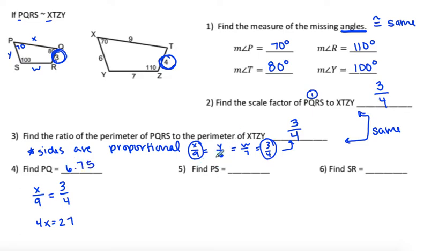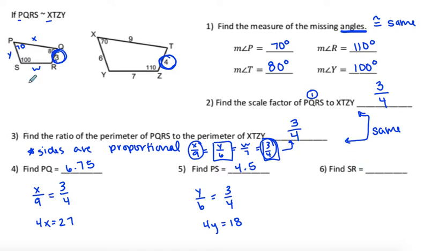On find P to S, okay, that's my y. So y goes with 6, the same way 3 goes with 4. So I'm going to use that 3/4 again because they all have to be the same 3 to 4. Cross multiply, I get 4y equals 18, and I'm going to divide 18 by 4. And I get 4.5.